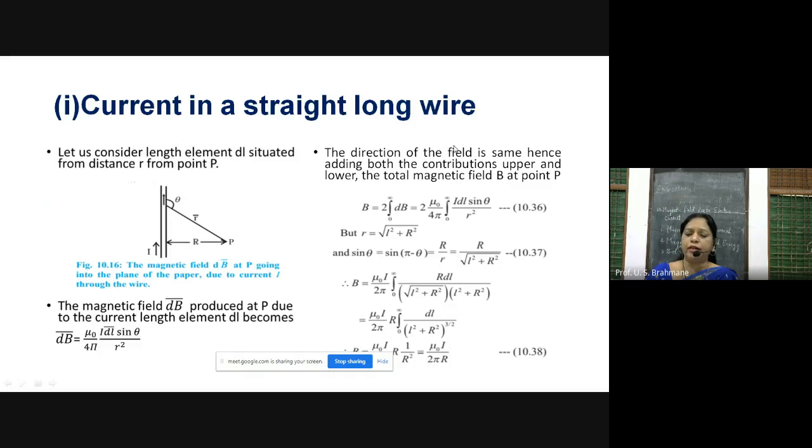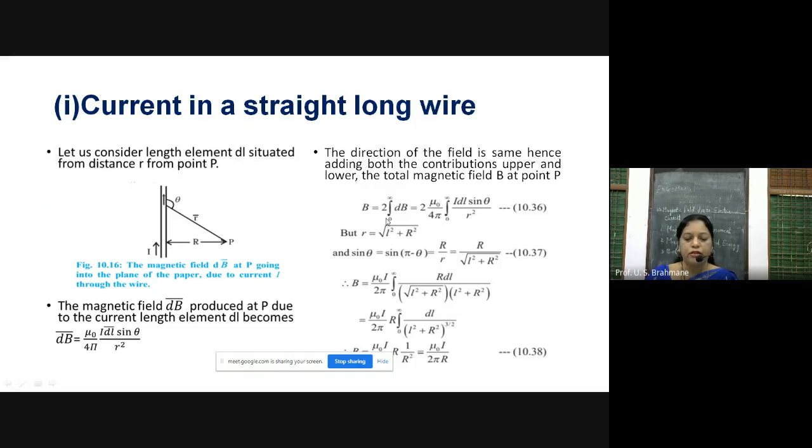Now the direction of the field is the same, hence adding both the contributions, upper and lower, gives the total magnetic field at point P. If you take the element here, half the part is above and half is below, so there is a contribution from both. So it is added and written here as twice, since it is an infinitely long wire: at the top it is infinitely long and at the bottom also.